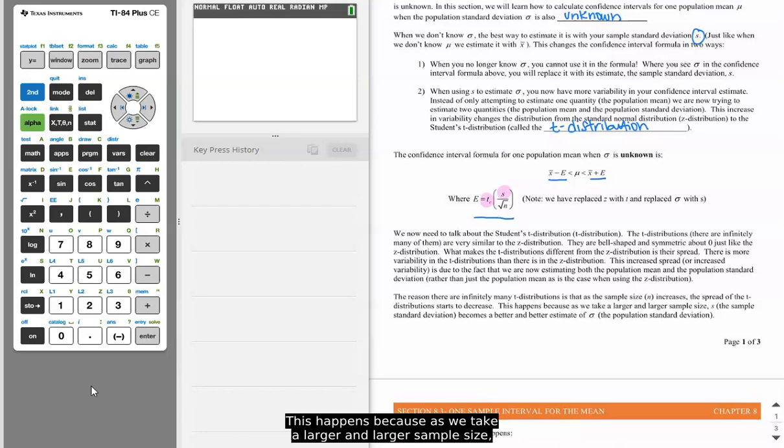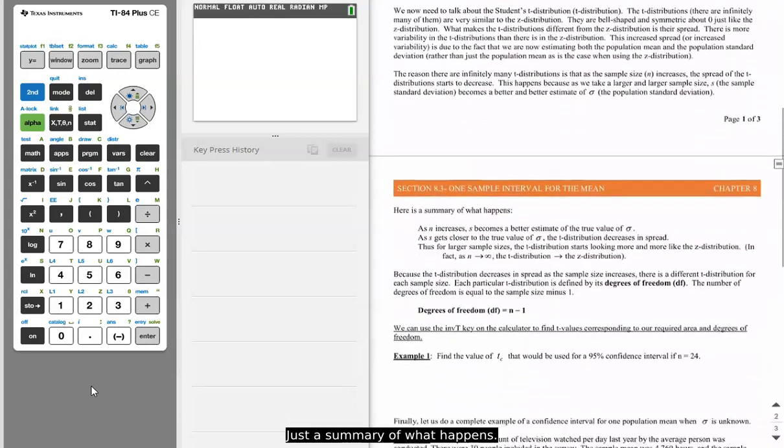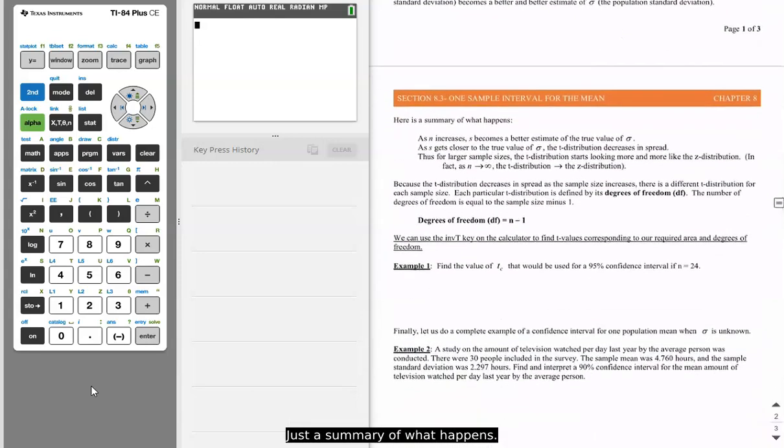This happens because as we take a larger and larger sample size, S, or the sample standard deviation, becomes a better and better estimate of the population standard deviation. So just a summary of what happens. As n increases, your sample standard deviation becomes a better estimate of the true value of your population standard deviation.